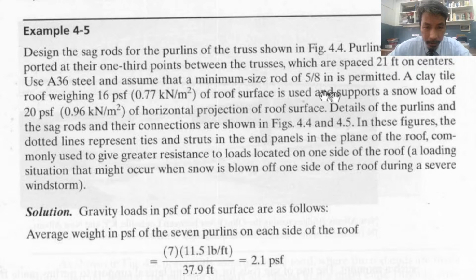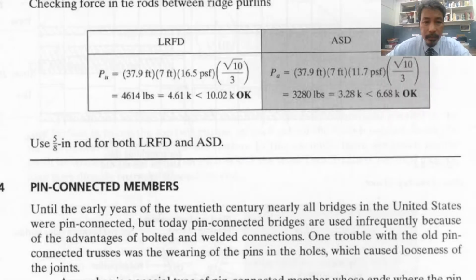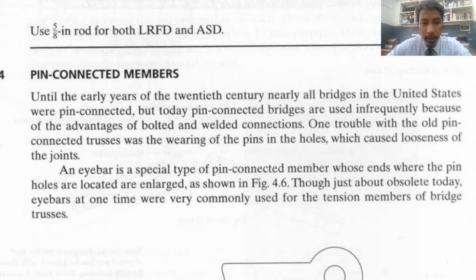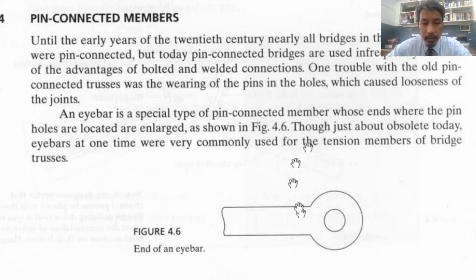Okay, so given here, minimum size 5/8 inches. Assuming A36 type of steel. Pin connected members like this one, and the eye bar.